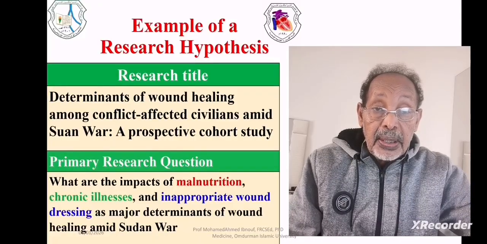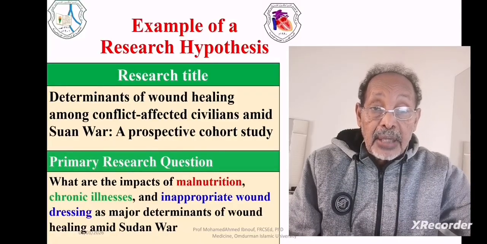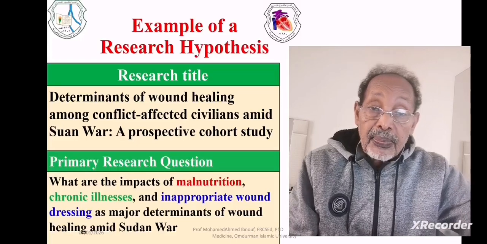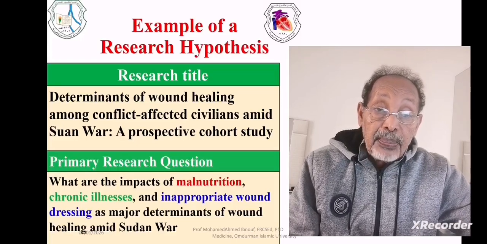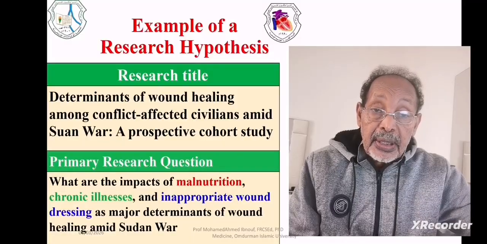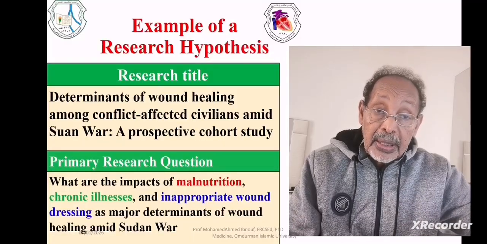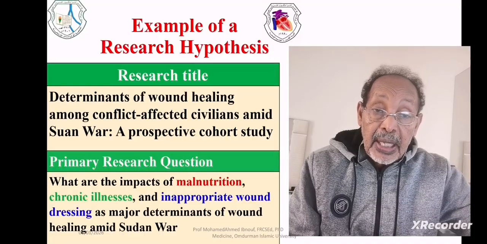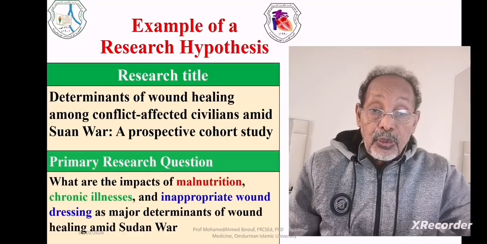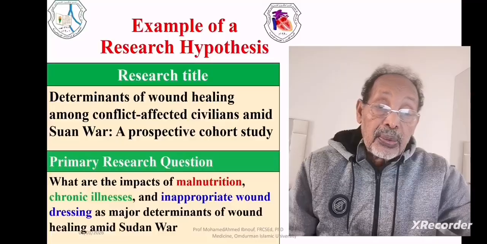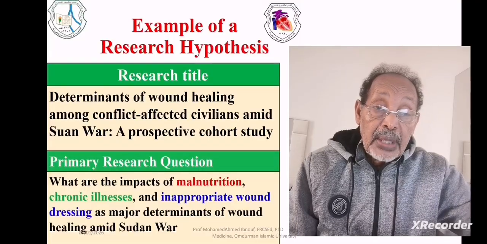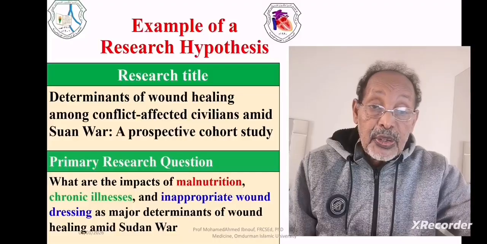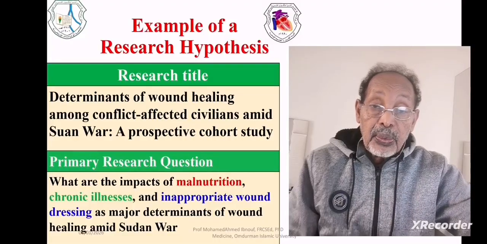The primary question that could be derived from this research title could be: what are the impacts of malnutrition, chronic illnesses, and inappropriate wound dressing as major determinants of wound healing amid Sudan war? What are the impacts of these three factors: malnutrition, chronic illnesses, and inappropriate wound dressings.